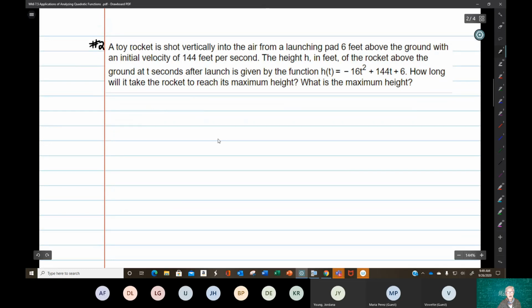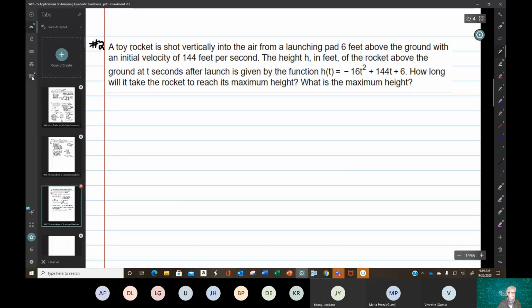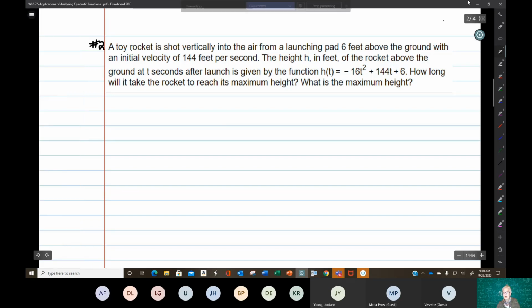Now we've got a toy rocket. Again, oh dear, this is not letting me save. Okay, whatever.